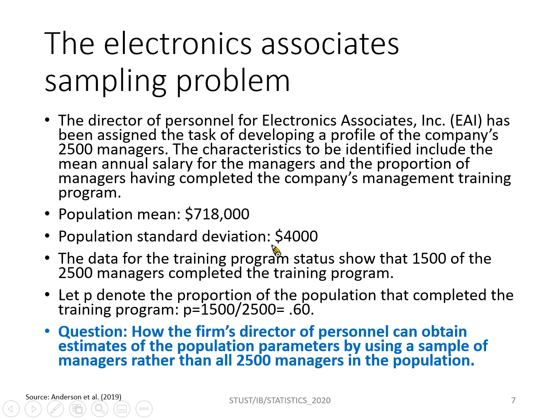If we let P denote the proportion of the population that completed the training program, we use 1,500 divided by the whole population of 2,500, so the proportion who completed the training program is about 0.60.